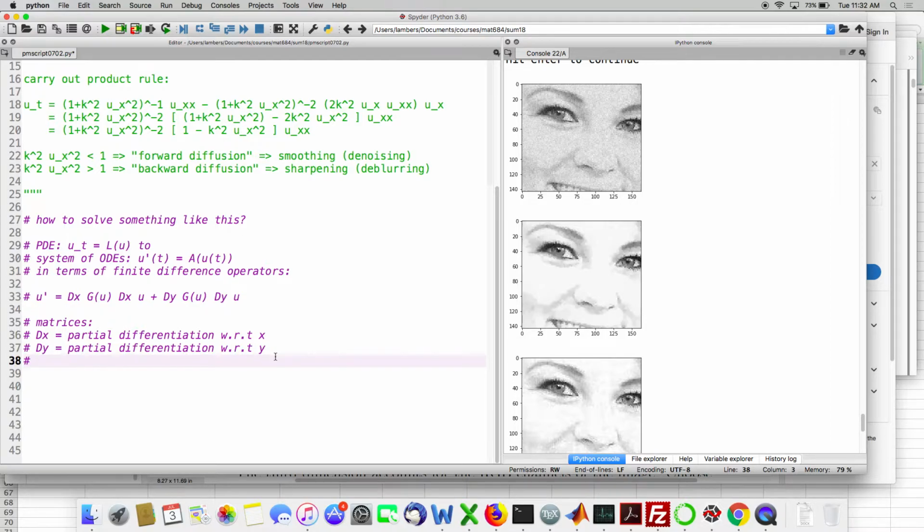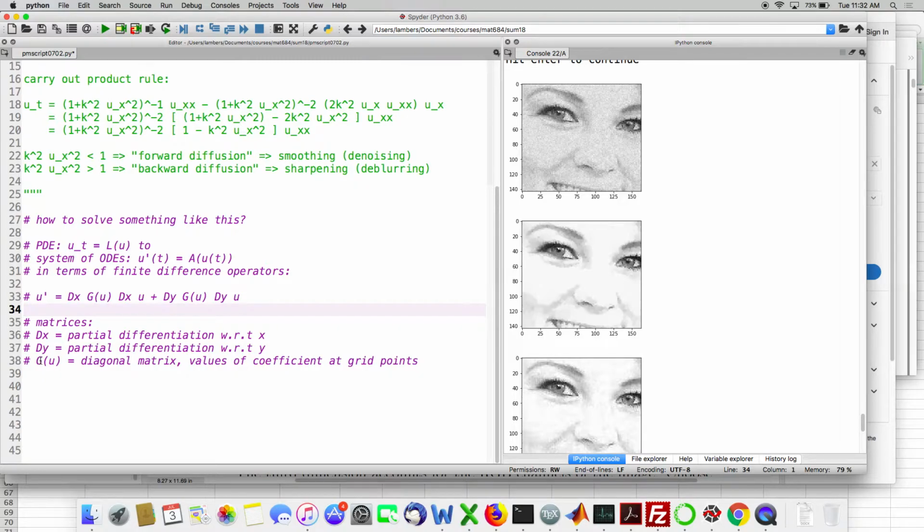And then G(u) is a diagonal matrix with values of the coefficient at the various grid points that make up your image. So this is how you handle multiplying by a coefficient.